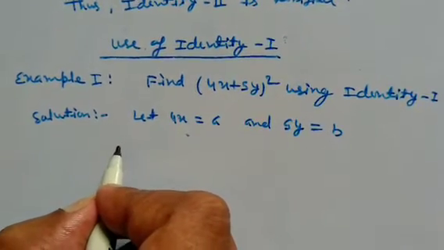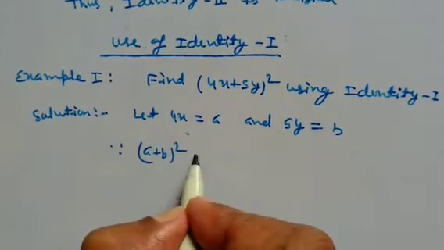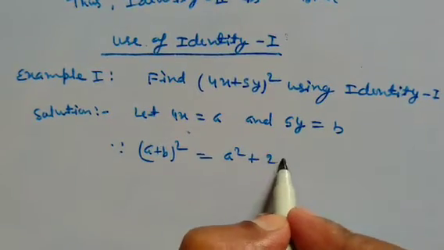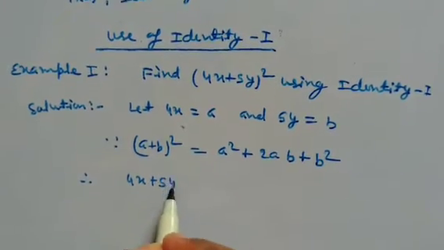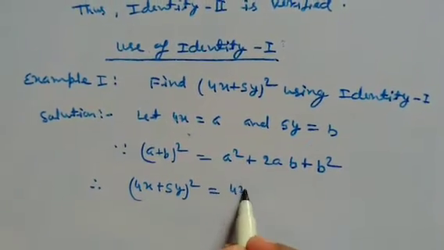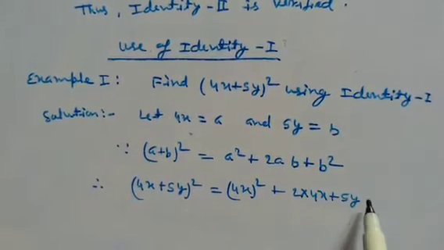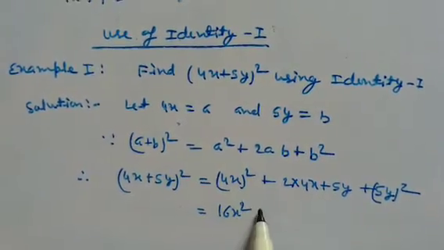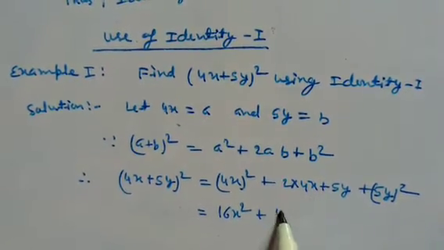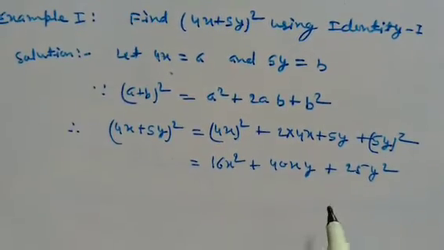We know that first identity is (a plus b) whole square equal to a square plus 2ab plus b square. So (4x plus 5y) whole square equal to (4x) square plus 2 into 4x into 5y plus (5y) square equal to 16x square plus 40xy plus 25y square. This is our answer.